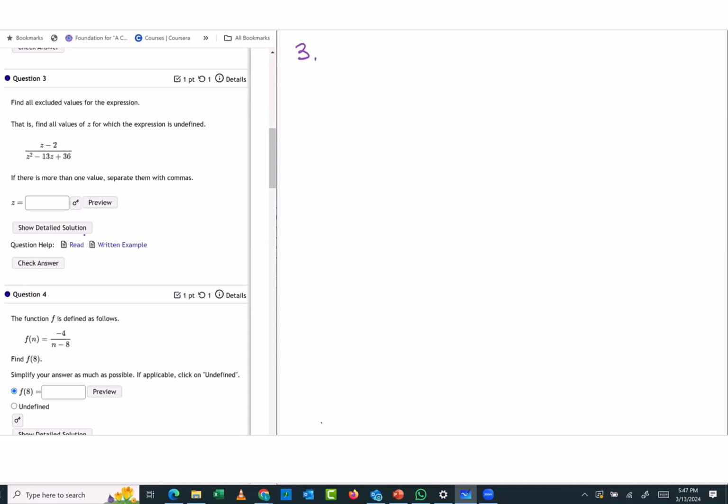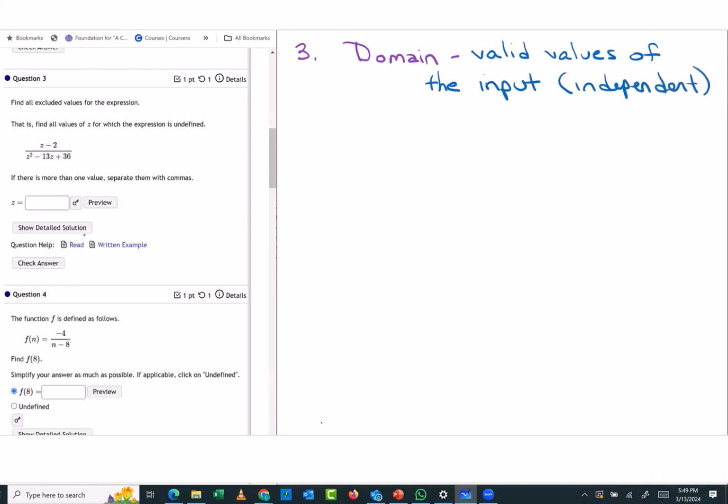Another way we could say that is the domain, because the domain is the valid values of the input or independent variable.